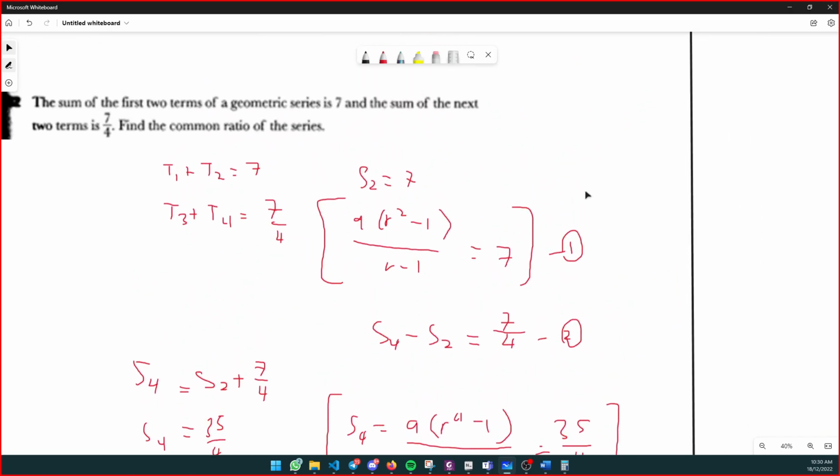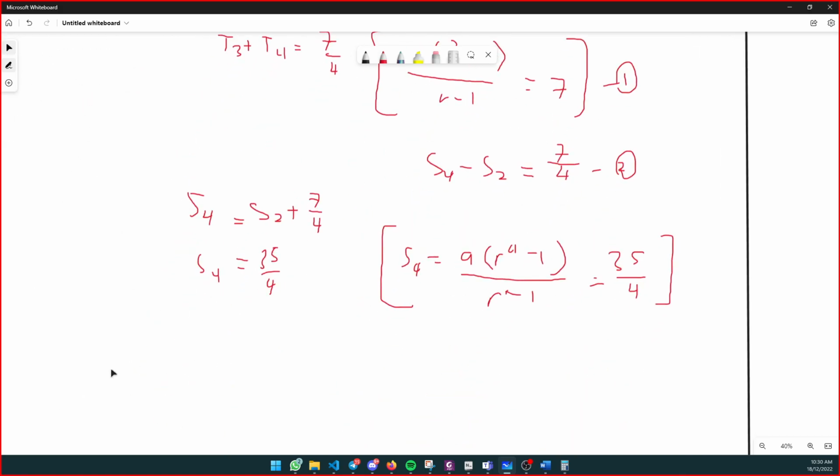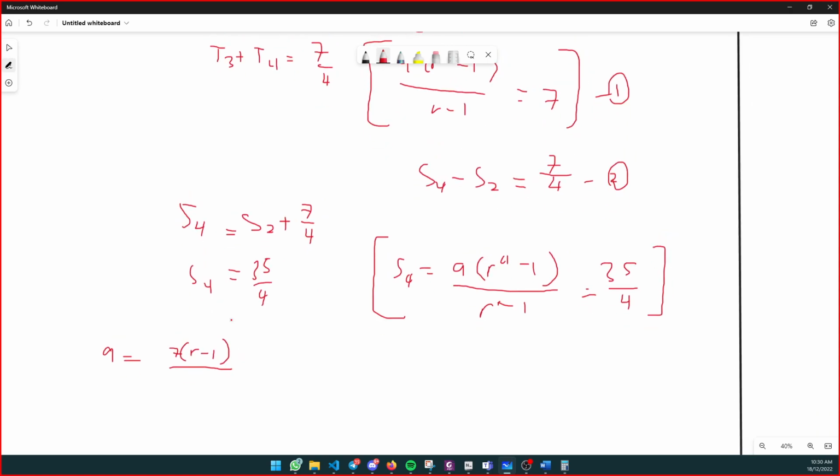You can make it in terms of A. I think that's the easiest way to answer this question. So if you make it in terms of A, that means A equals 7(r minus 1) over, what is that again? r squared. A(r squared minus 1).